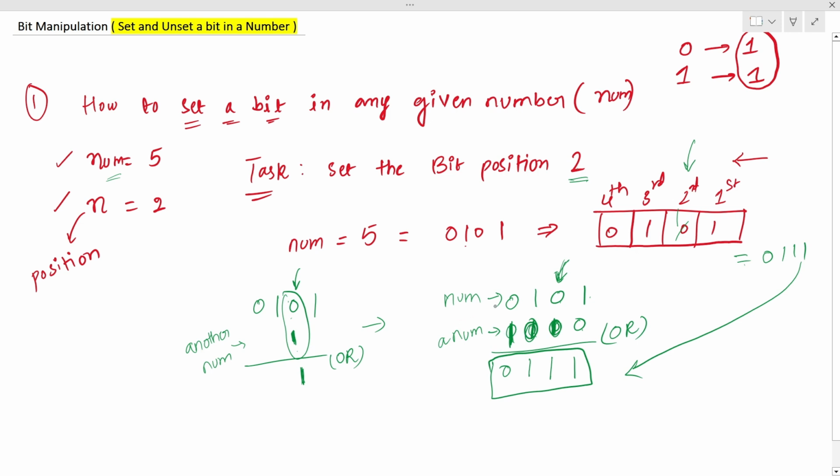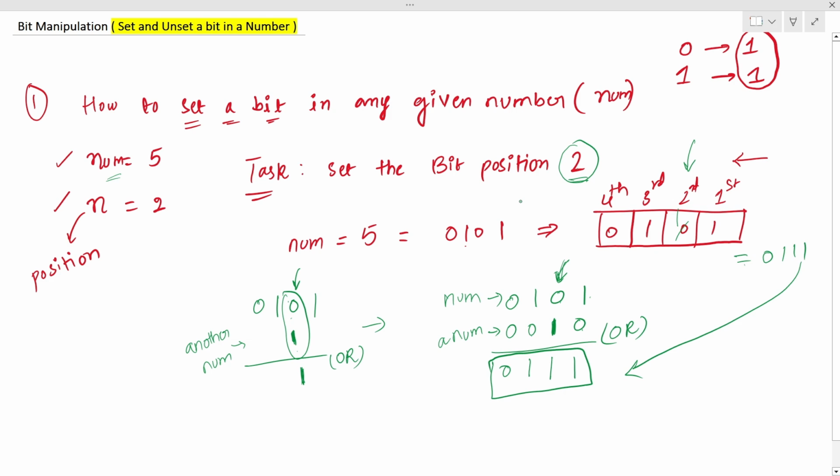So the funda is very simple, guys. I'm creating a completely new number such that the new number has the bit set at that particular bit position.